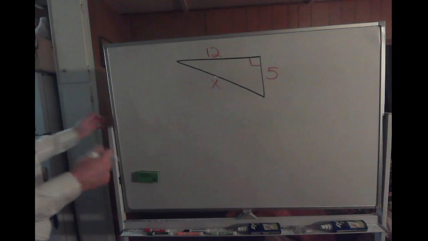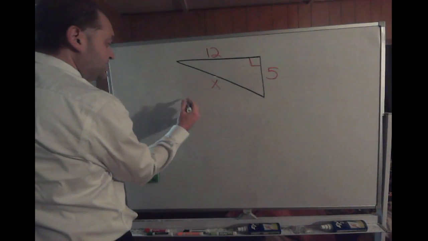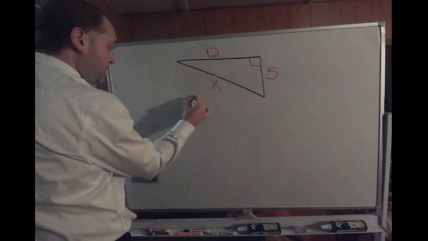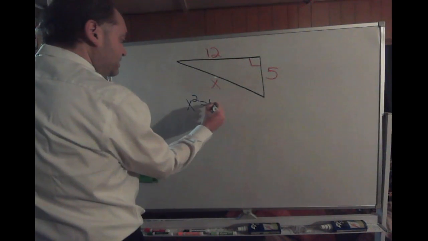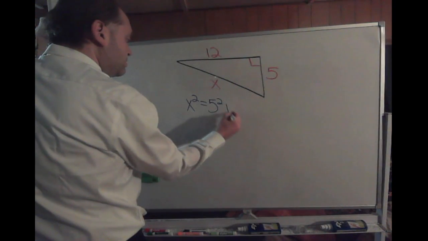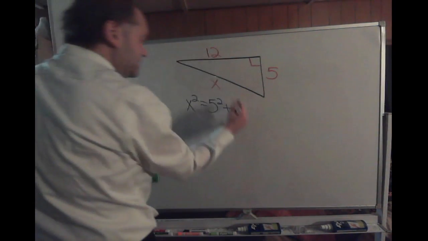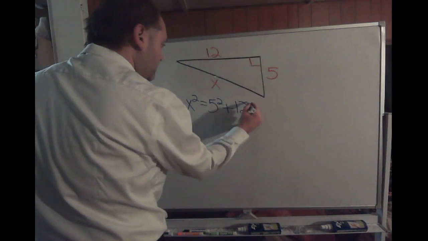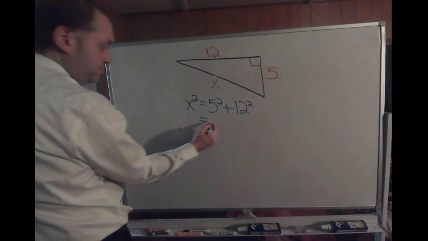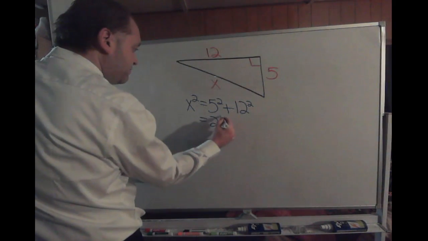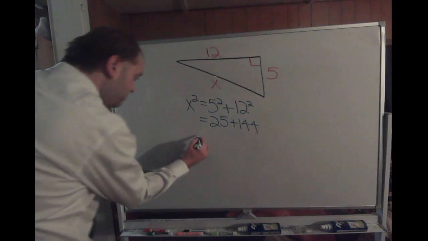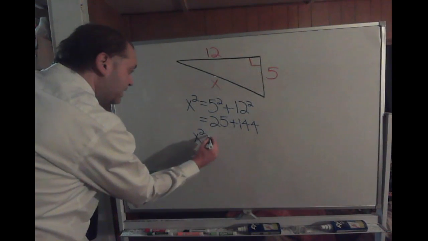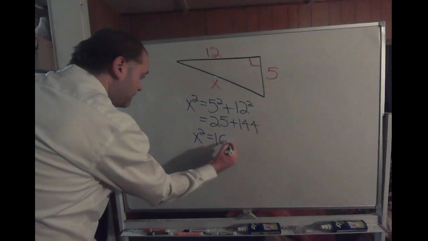Well, we know the length of the hypotenuse to the second power, which would be x squared, is equal to the first leg 5 squared plus the second leg to the second power 12 squared, which would end up then giving you 25 plus 144, which then means that x squared equals 169.